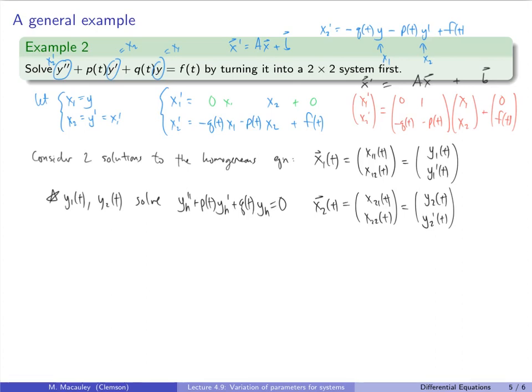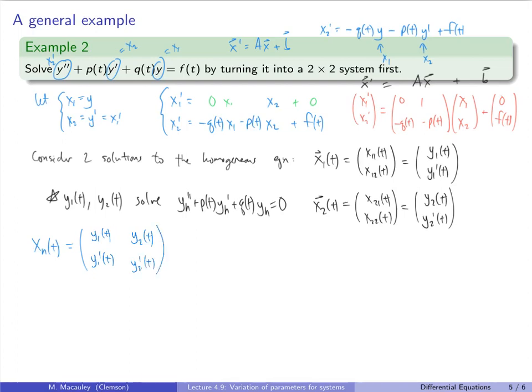Okay, so now we have that homogeneous solution matrix. So now xh of t is the matrix where this is the first column, that's the second column. It is y1 of t, y1 prime of t, y2 of t, y2 prime of t.